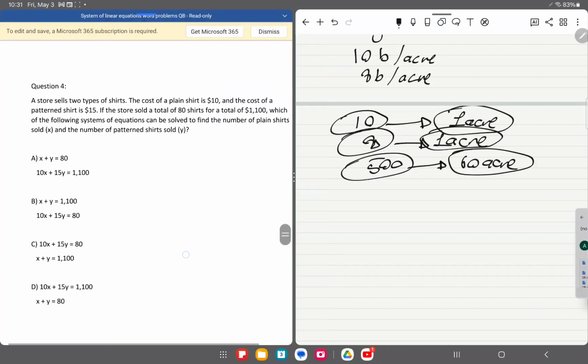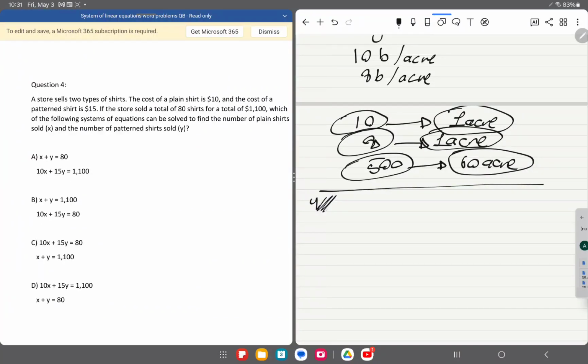Okay, now number 4. Let's look at number 4. A store sells 2 types of shirts. The cost of a plain shirt, X, is $10.